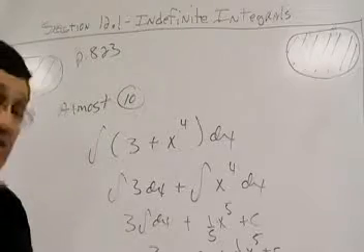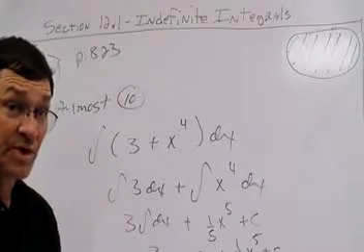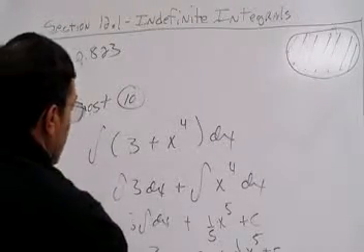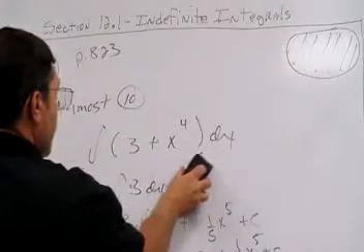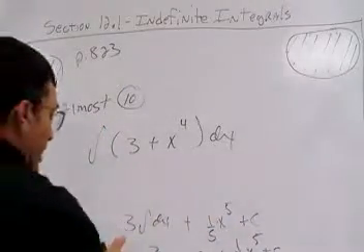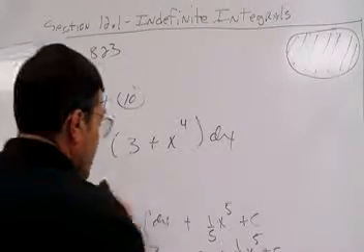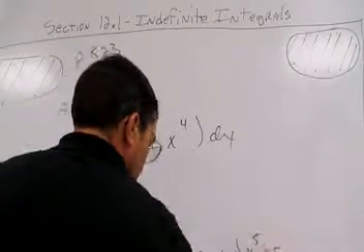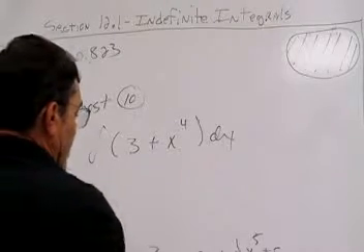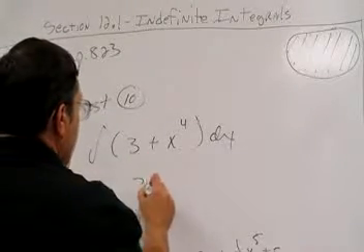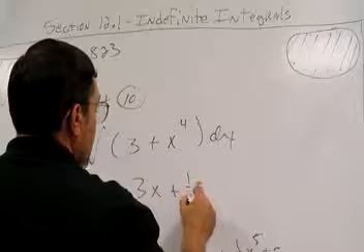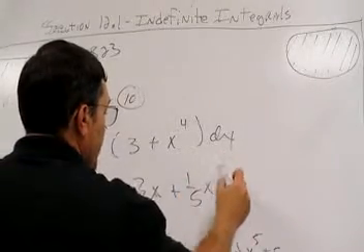Now, I'm about to run out of room in what I'm videoing right here, and so I'm going to erase the first line. You can go back and pause this or look at that as much as you need. But if I take these two terms, and if I combine them, I have 3x plus 1/5 x to the 5th.